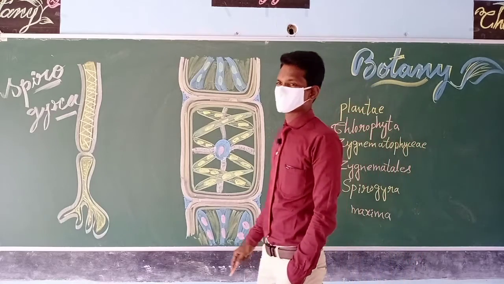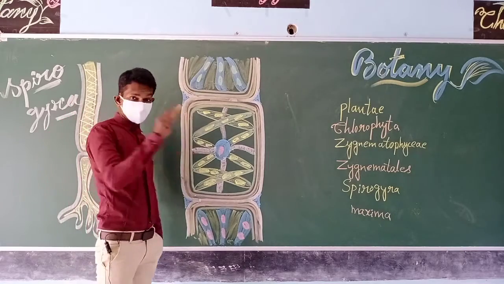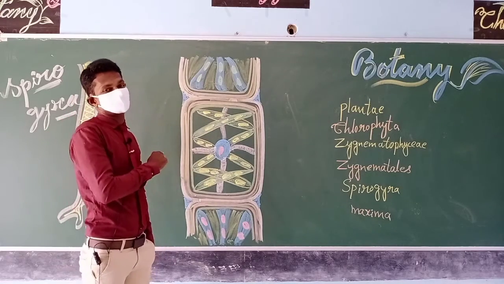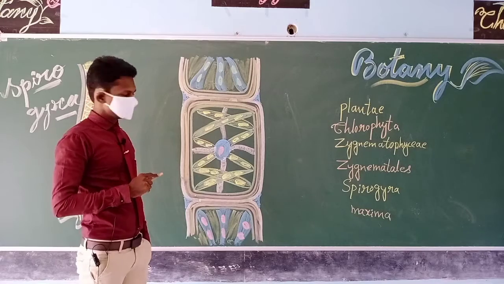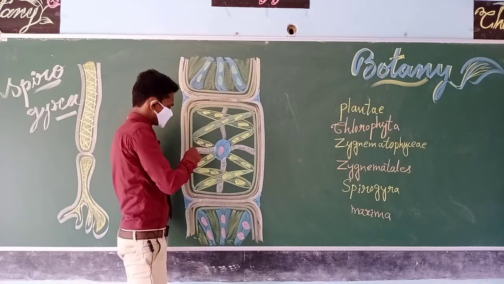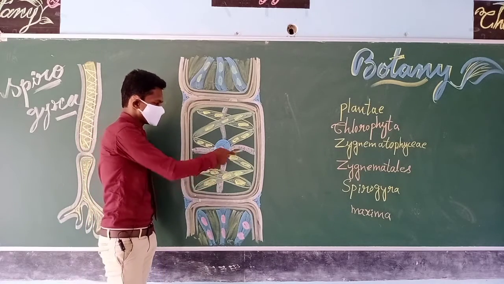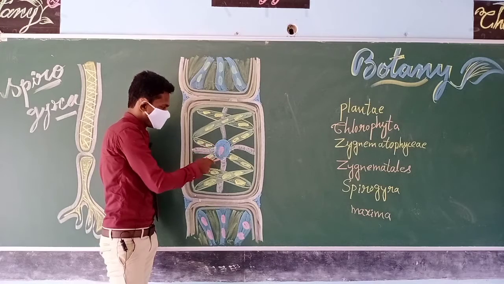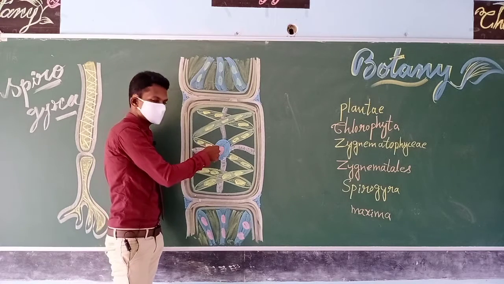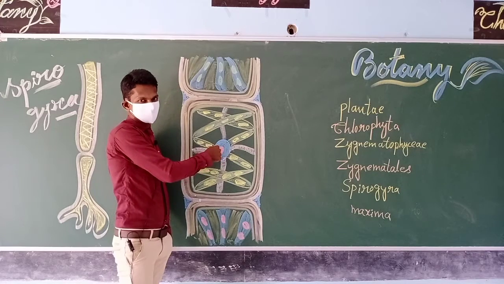And one more characteristic feature we especially could observe in our Spirogyra, and no other cells have this type of feature, that is the cytoplasm possessing cytoplasmic strands. These cytoplasmic strands hold the nucleus so that it is located in the center of the cell.